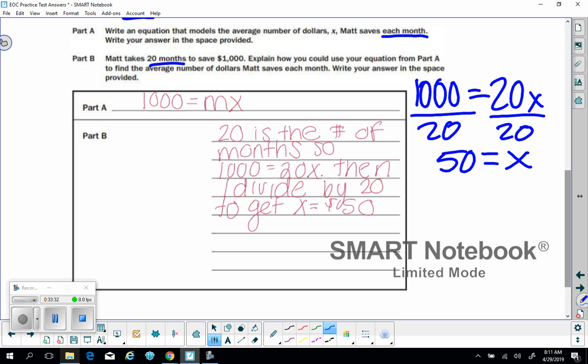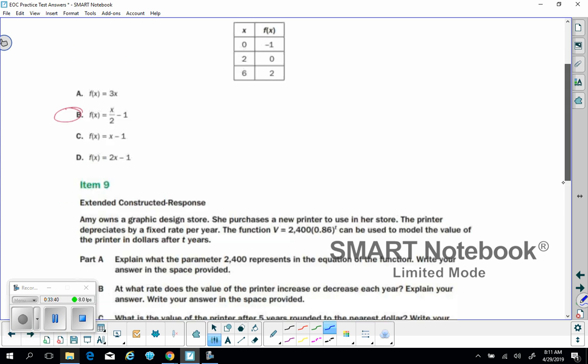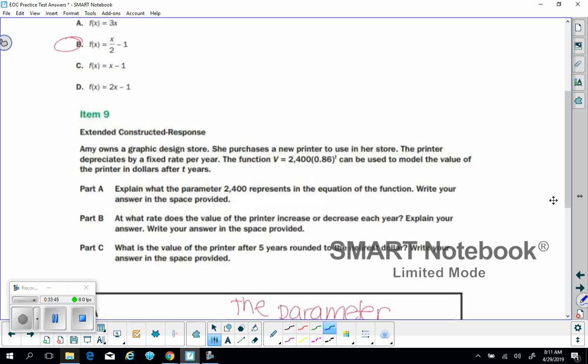Okay, this answer sheet will be online. I'm going to go ahead to number 9 since we already did number 8. Okay. Looking at this equation, which equation does it look like on your formula sheet? What type? Linear, exponential, or quadratic?